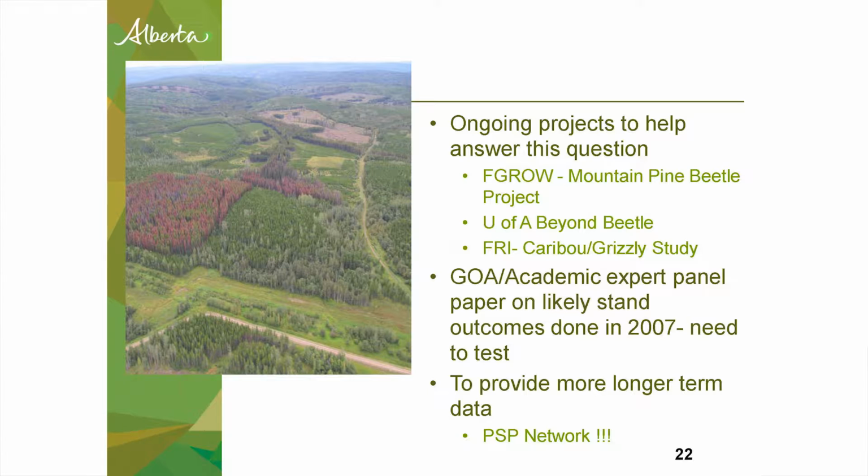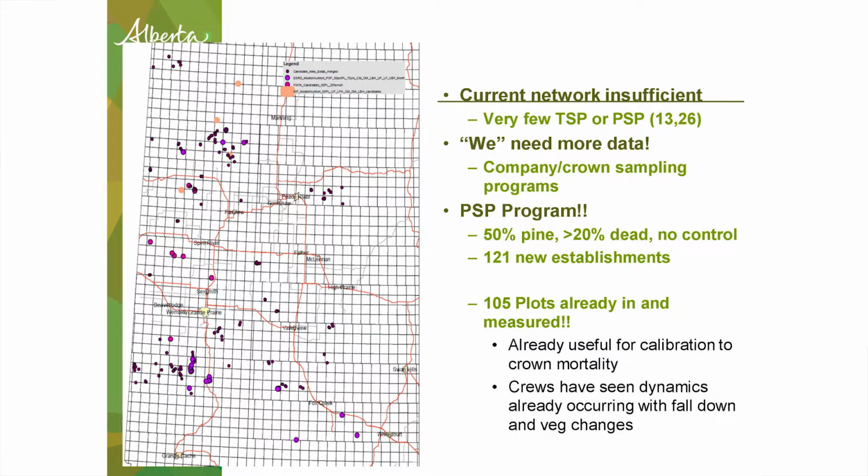So some of the other ongoing projects to help answer this question, I know the Caribou Grizzly, that's one. The Beyond Beetle ELMs project, as well as FGRO, they have two projects ongoing. Their initial one, and then recently we had a new PSP network put in.